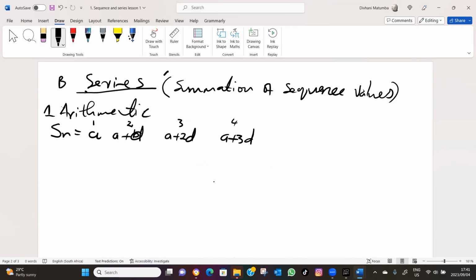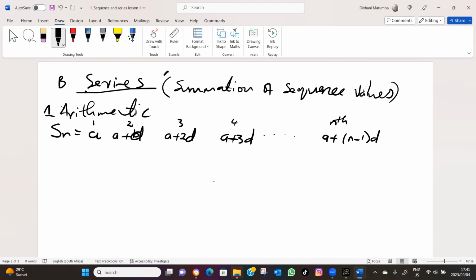All right, so if we sum all of this up until the nth term, the nth term will be a plus n minus 1 times d.